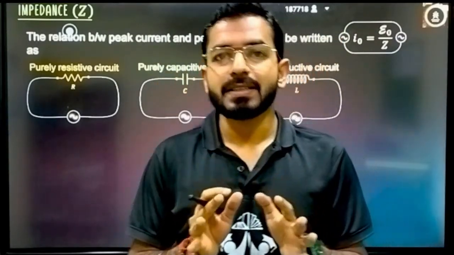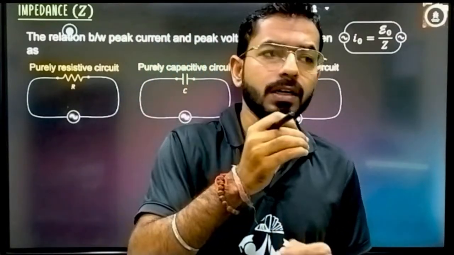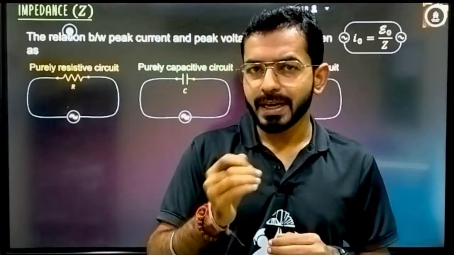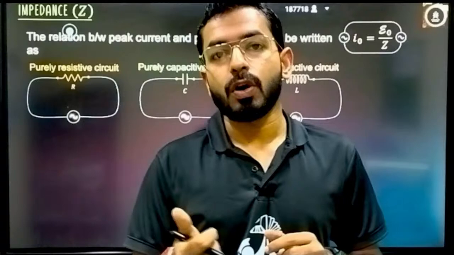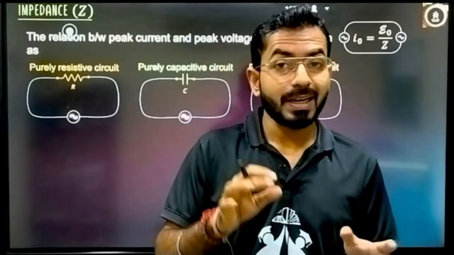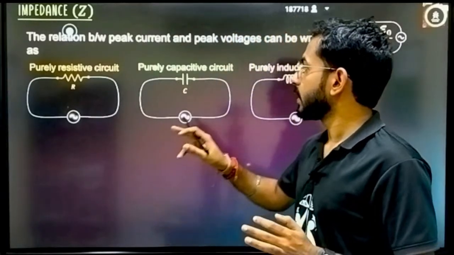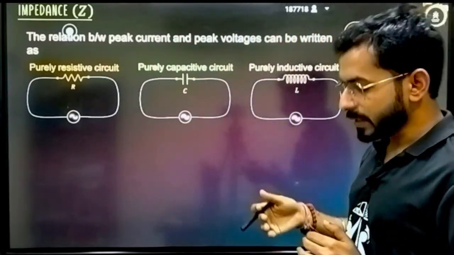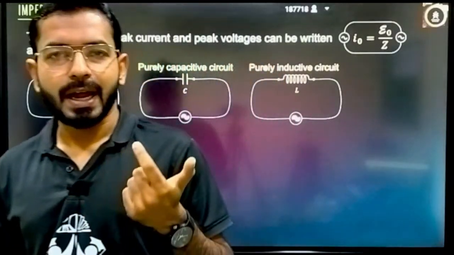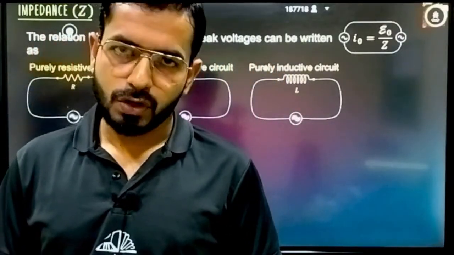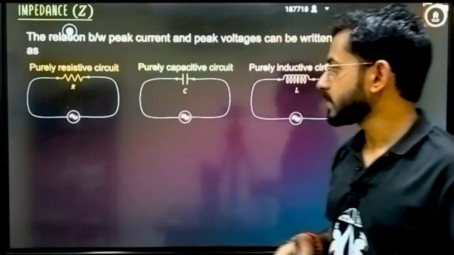So the net resistance provided by the resistor, the capacitor and the inductor, the net that you calculate, is called impedance. The definition of impedance is the net resistance offered by the resistive, inductive and capacitive circuit, represented as Z.